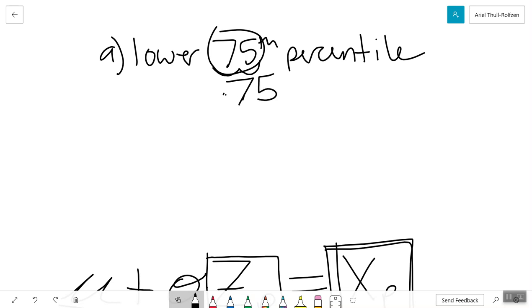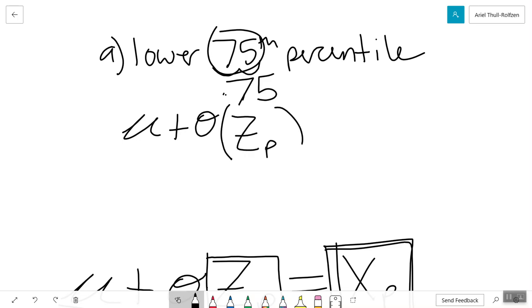And we know our equation. We know that mu plus our sigma times our z-score associated with the probability, or the proportion, equals x sub p. And we're given the mean. We know that the mean is 275 days.